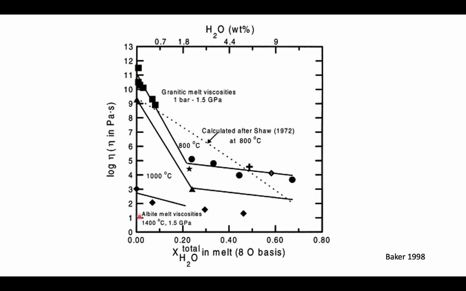To put that in context, this 10 to the 2 Pascal seconds is about 10,000 times more viscous than water, and it's actually about the same as tomato ketchup. So down here we have tomato ketchup, down here we have water, and then all the way up here we have granite, so it's massively more viscous.